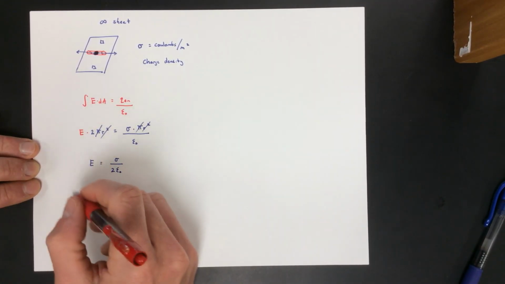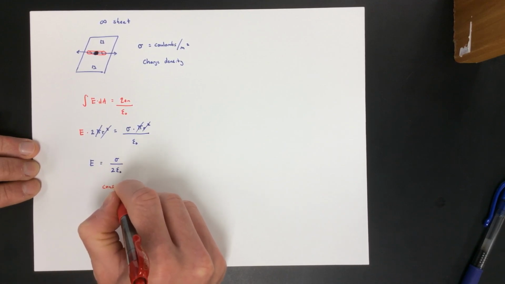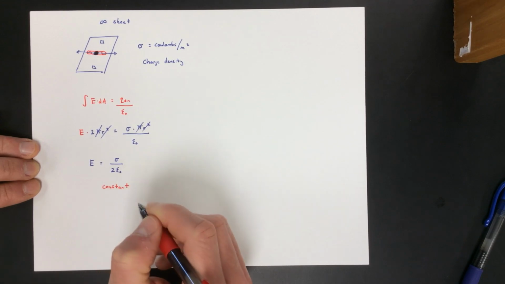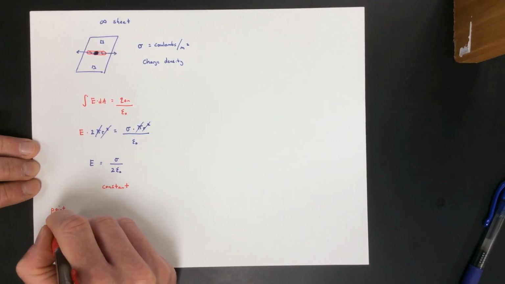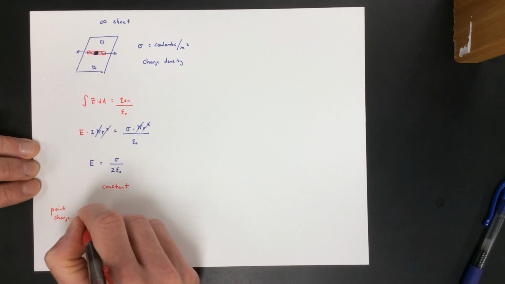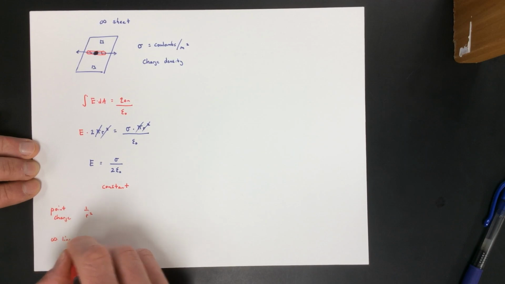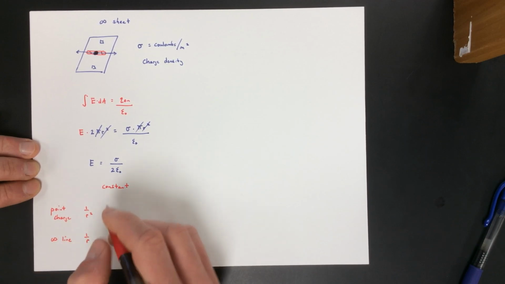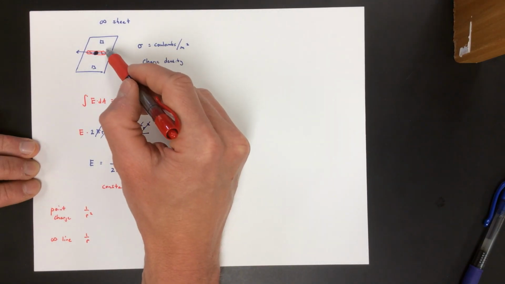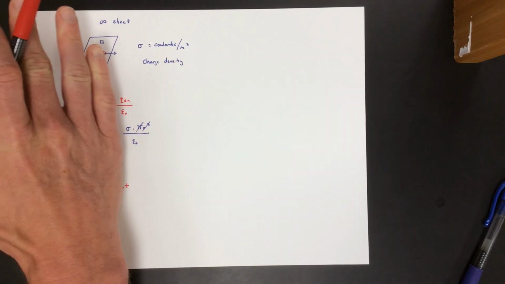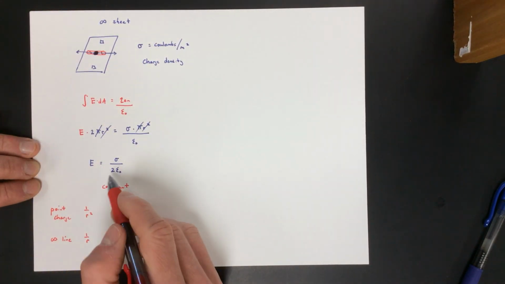And this says, oh my goodness, look at this. The E field is constant. Now remember, our point charge on the previous page acted like a 1 over r squared. Our infinite line of charge acted like a 1 over r, and now our infinite sheet is actually a constant, meaning the electric field here and here and here and here, as you move away from the sheet, above the sheet, the electric field is always this value.